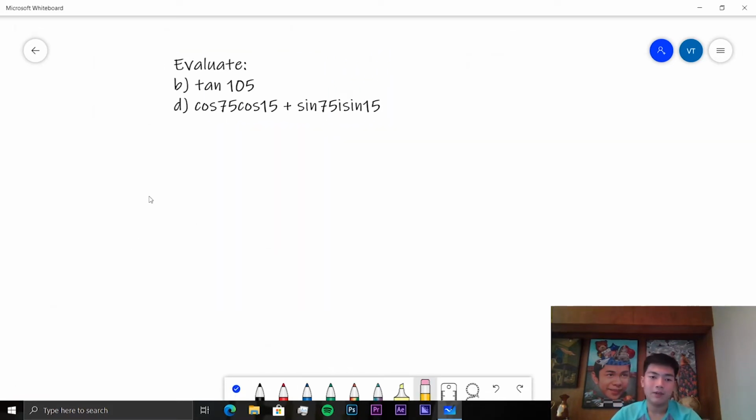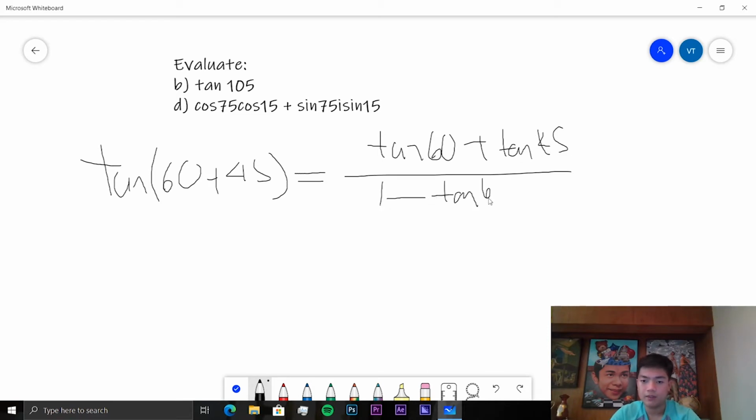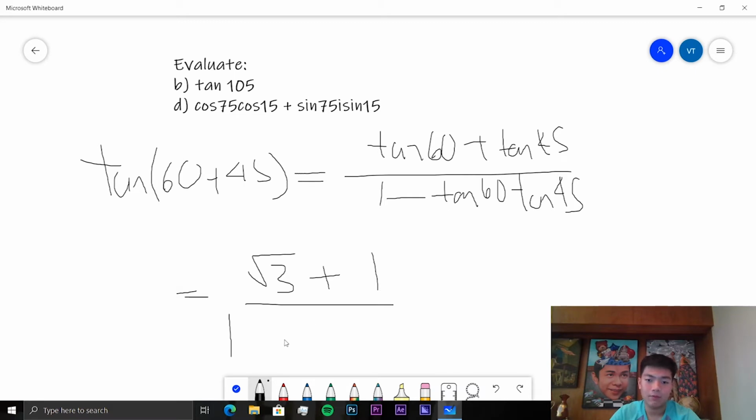Tan 105: we need to think, what is this equal to? 105 is equal to 60 plus 45, so we get tan 60 plus 45, which is equal to tan 60 plus tan 45 over 1 minus tan 60 tan 45. So tan 60 is root 3 plus tan 45 is 1, all over 1 minus tan 60 times tan 45, which is 1 minus root 3.